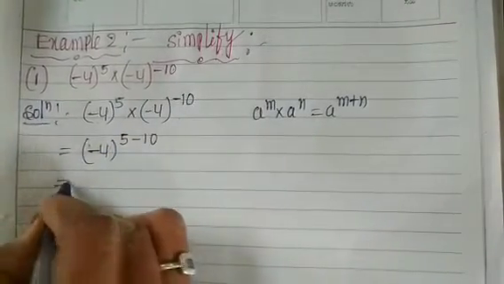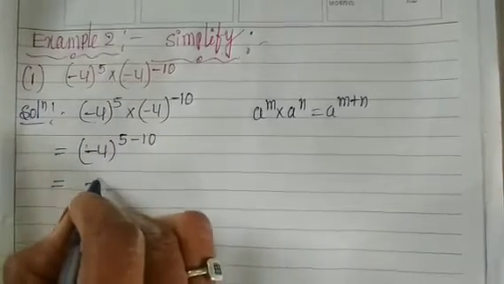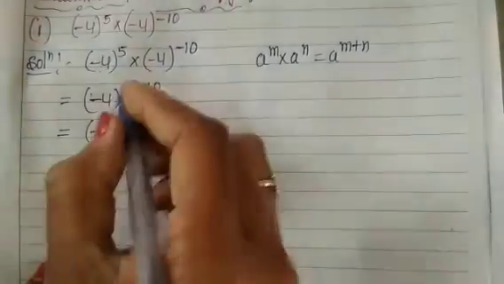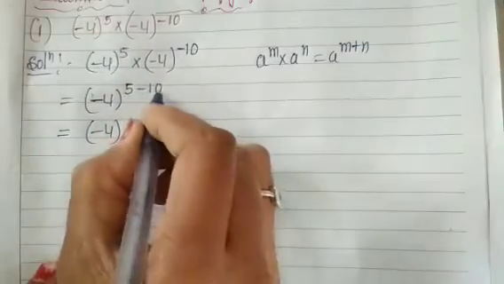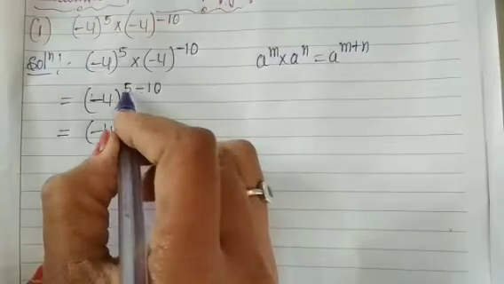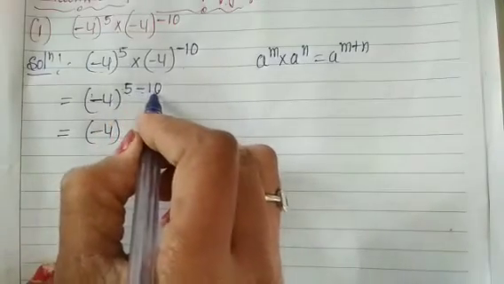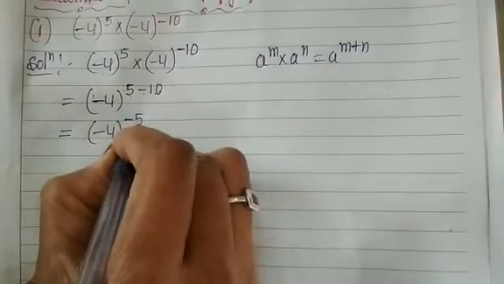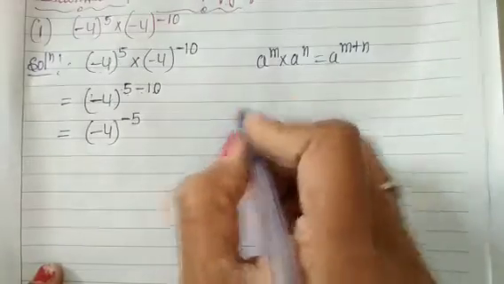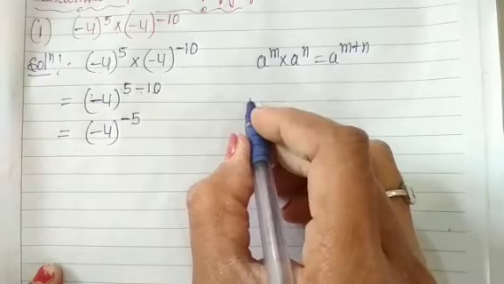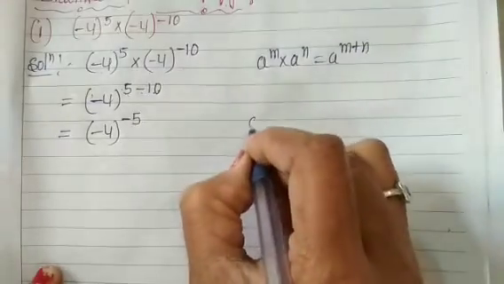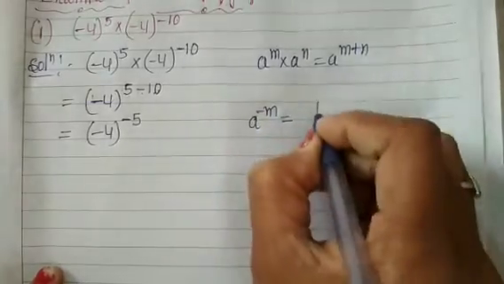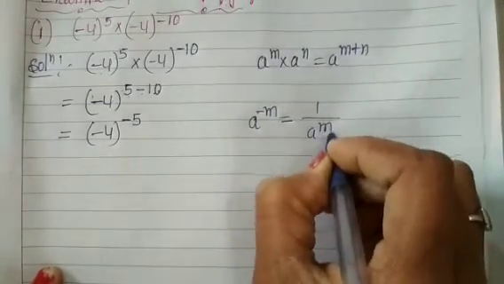Once again write (minus 4) whole to the power 5 minus 10. So 5 minus 10, minus 5 is here. Next you take the inverse multiplicative: a to the power minus m is equal to 1 divided by a to the power m.